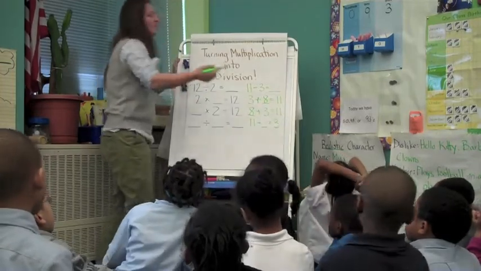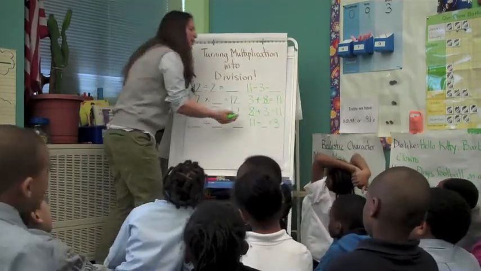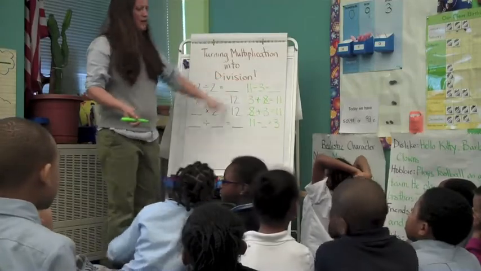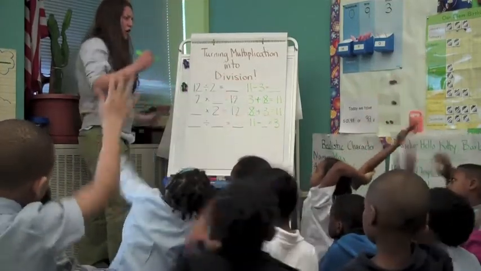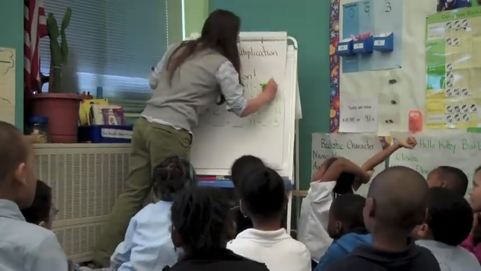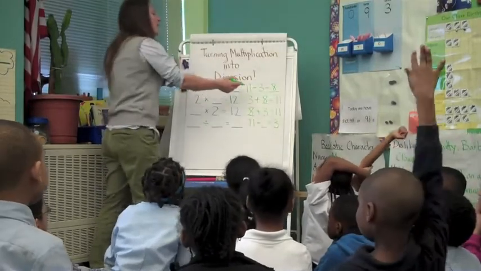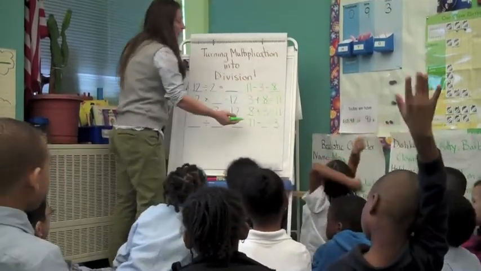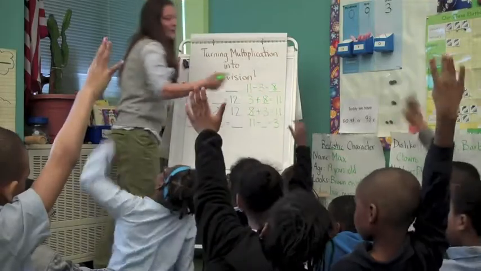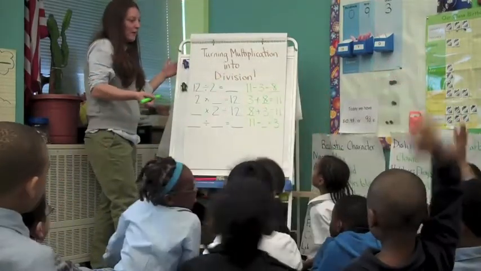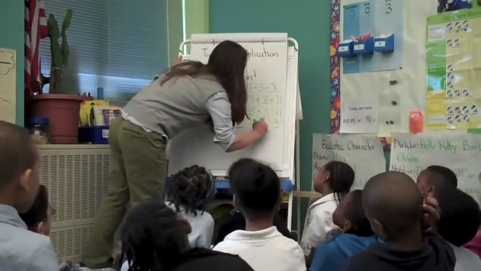So if 3 plus 8 equals 11, 8 plus 3 equals 11, what is 11 minus 3? 8. If 11 minus 3 is 8, 11 minus what is 3? 8. All right.